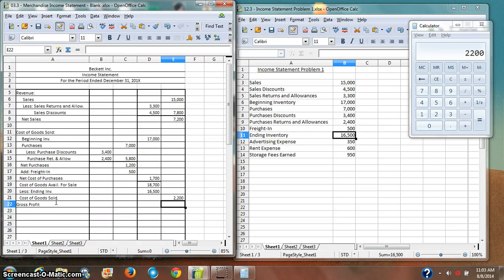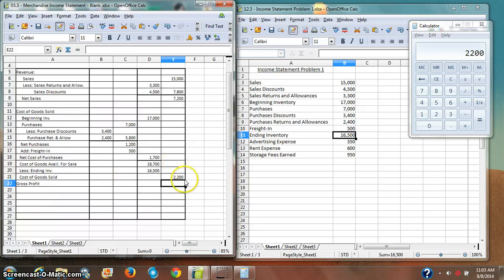This is an interesting number because this is how much I'm making on my actual goods, the actual merchandise. This is how I'm doing. So I've got 17,200 minus 2,200 equals $5,000.